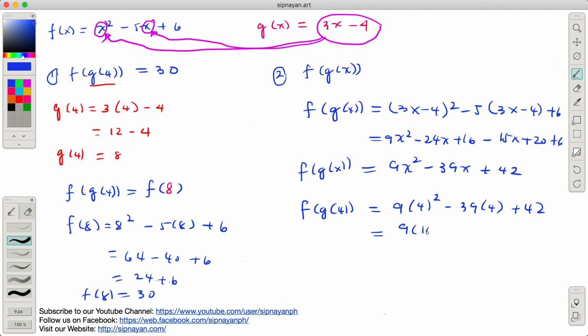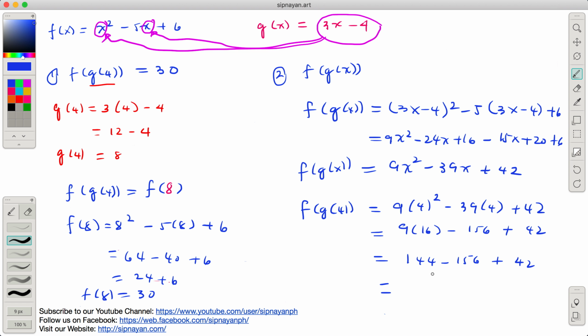So 9 times 16 minus, what's 39 times 4? 120 tsaka 36, 156, plus 42. Tama. 9 times 16, this is 90 at saka 54. It's 144 minus 156 plus 42.